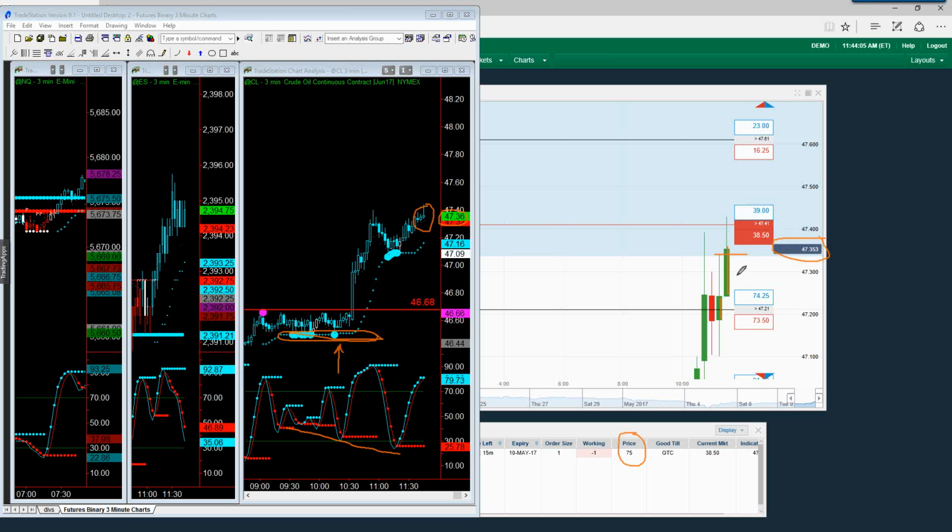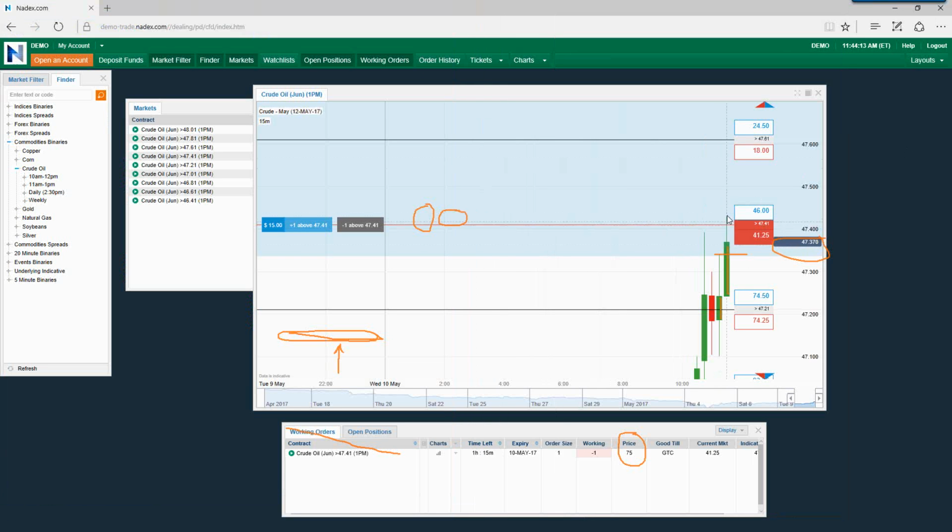Now, again, do y'all see how price is moving the way I anticipated, but I don't like what it's doing right now? I want it to close above this area. And this is when I start really watching it, because if I see any signs of a reversal, then I'm probably going to close that trade.